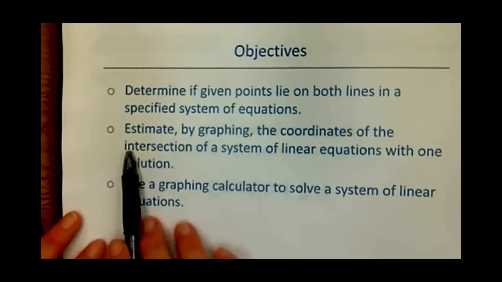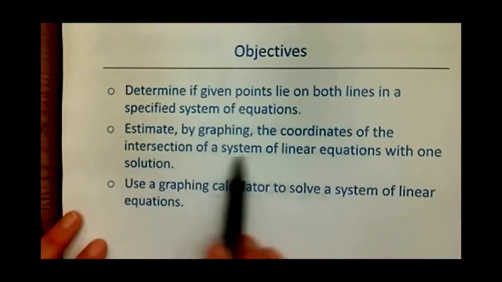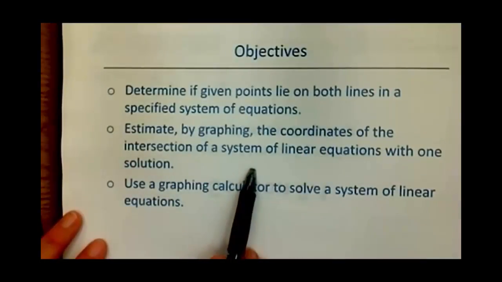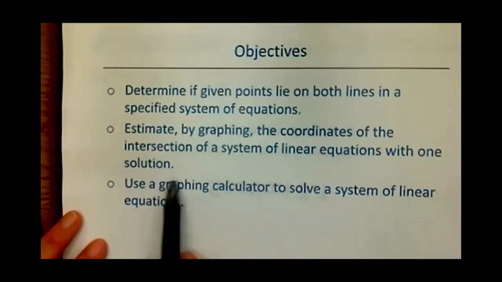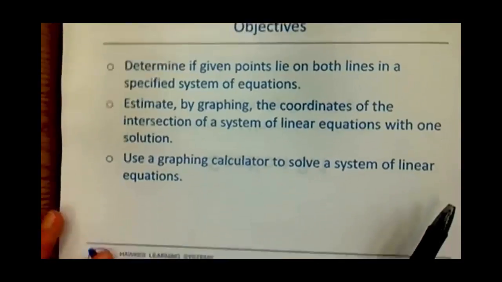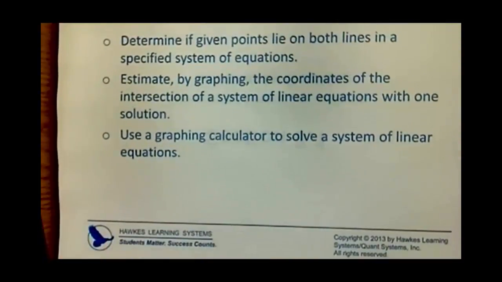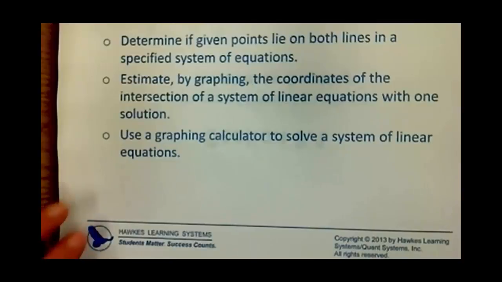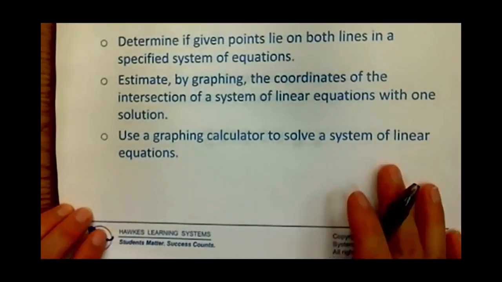So we estimate by graphing the coordinates of the intersection of those systems, and then also use your graphing calculator to solve those systems of linear equations and come up with what that answer might be. So that's our objectives, and that's what we're going to end up looking at.